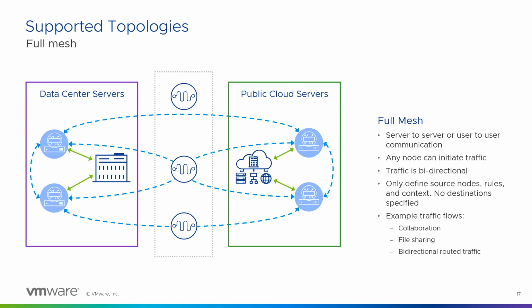The traffic in this network is bidirectional, and any node can initiate traffic to any other node in the network. That's why when we define this type of topology, we only configure the source nodes. We don't specify the destination nodes. For example, collaboration traffic or file sharing between different users in the network, things like that.